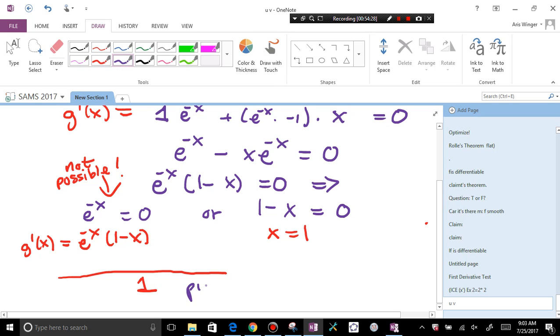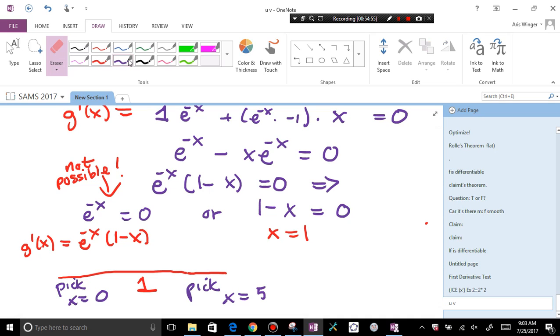We'll pick some values. This is easy, right? 5, 0. This is defined on the whole real line, so you get to pick whatever values you like. Positive. Oh, I'm sorry, this is negative, right?